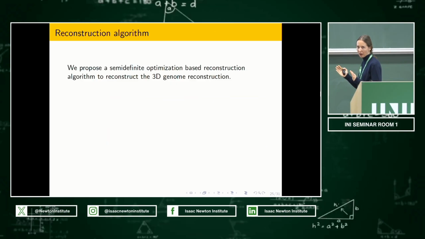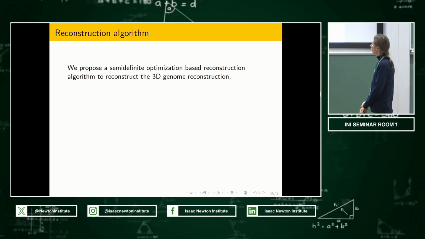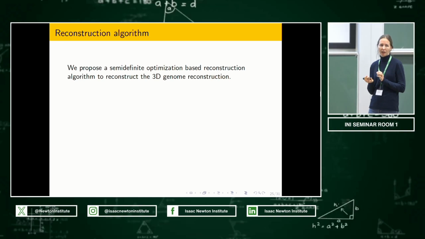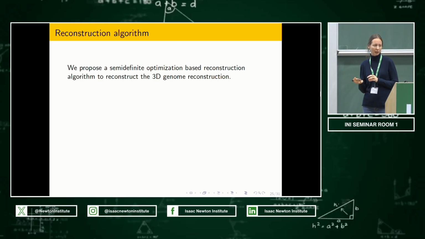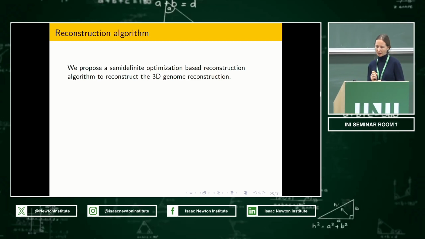So that was about the theoretical results about existence and uniqueness. And then, as I said, the other aspect that one is interested in is reconstructing the three-dimensional structure. So we propose a semi-definite optimization-based reconstruction algorithm.